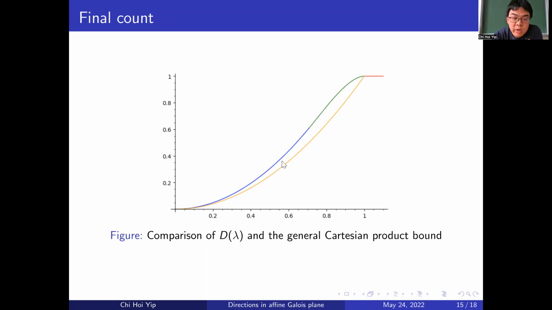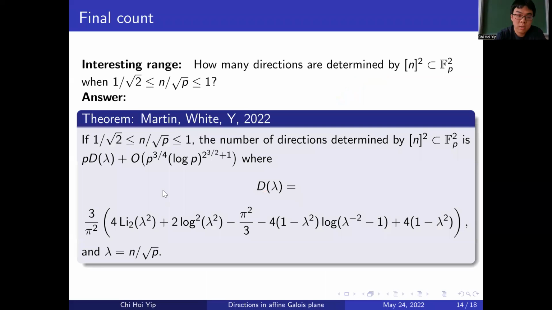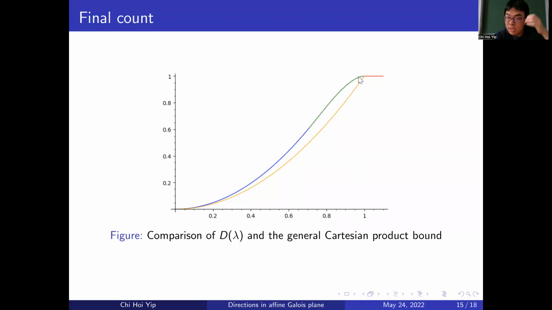And this blue curve corresponds to the case where we are pretending that we are living in Q squared instead of F_p squared. And this is given by 12 over pi squared times lambda squared. And this green curve denotes this function d(lambda). And we can see that we do improve the general Cartesian product bound a lot.